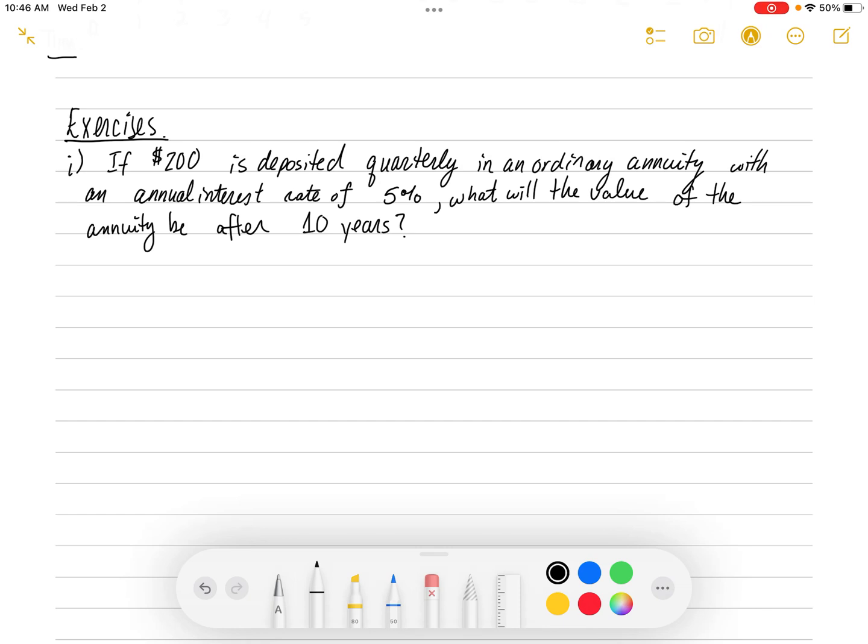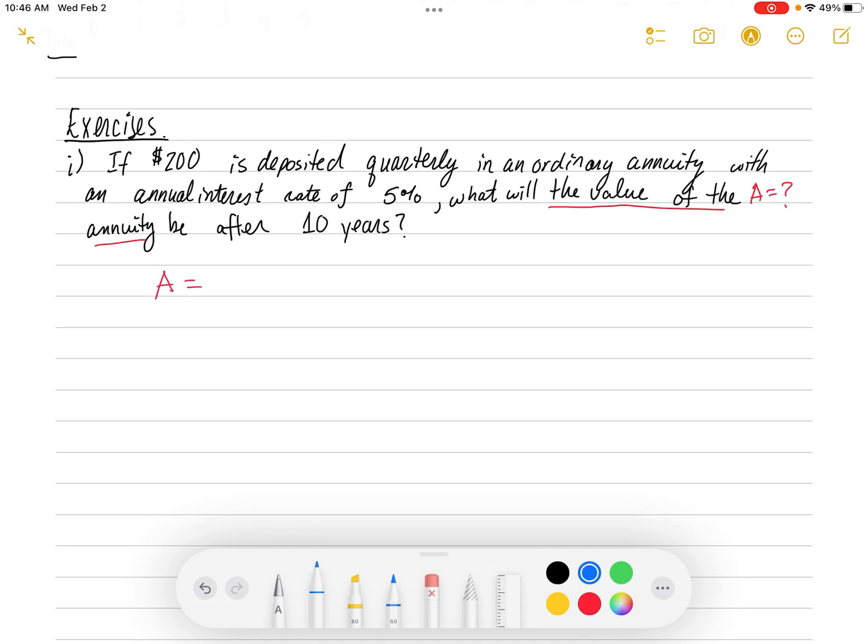So we know we're dealing with an ordinary annuity, right? We're told that. What will be the final value? What will be the value of the annuity? That's the final value, so this is the future value. That's capital A we're looking for. So we're going to use our formula.